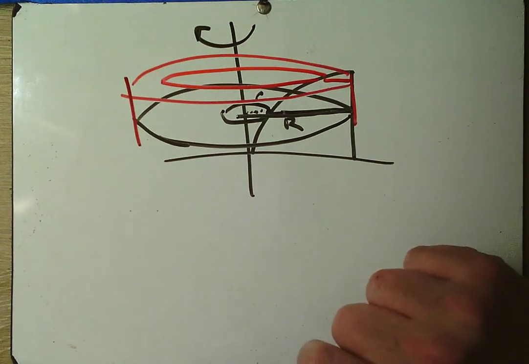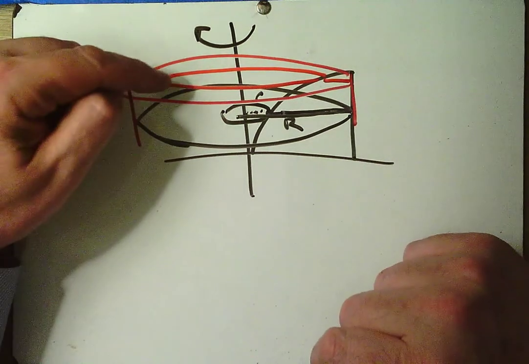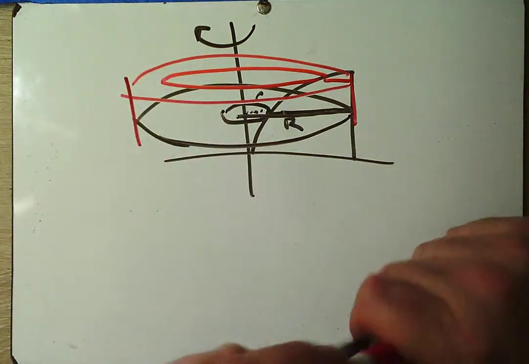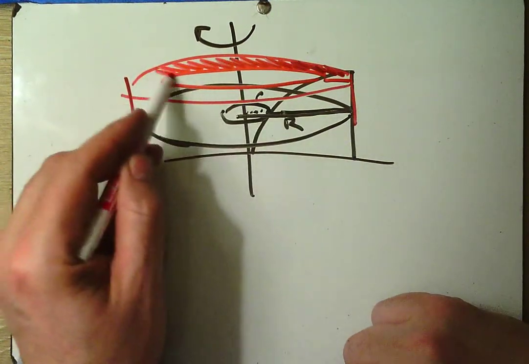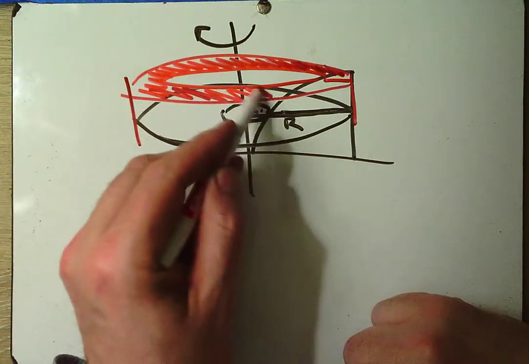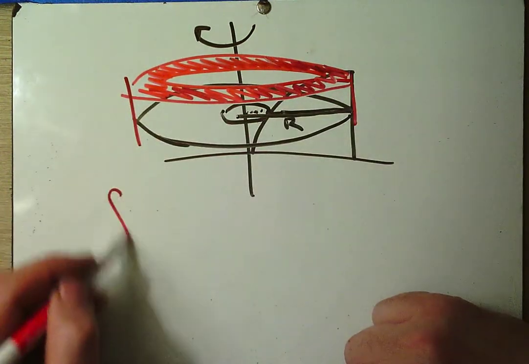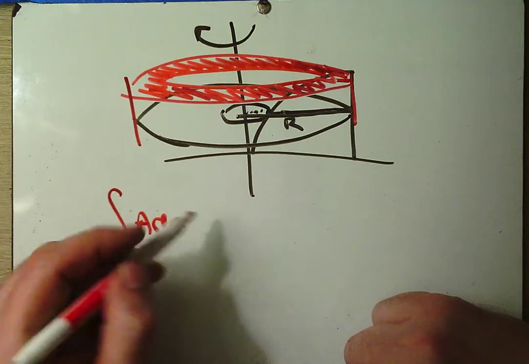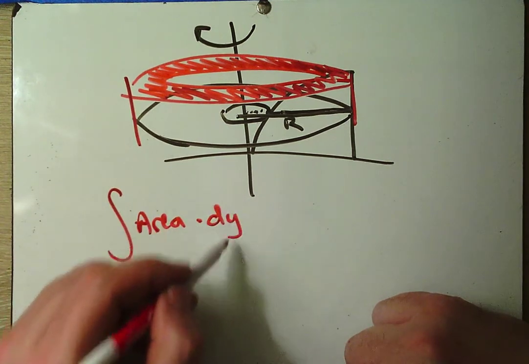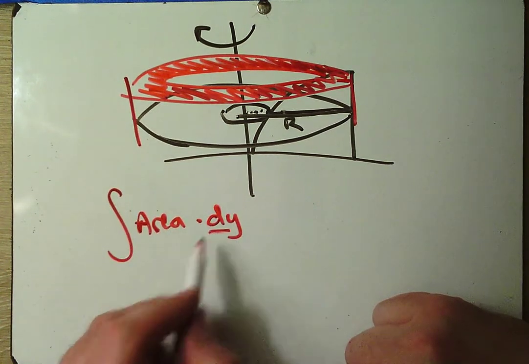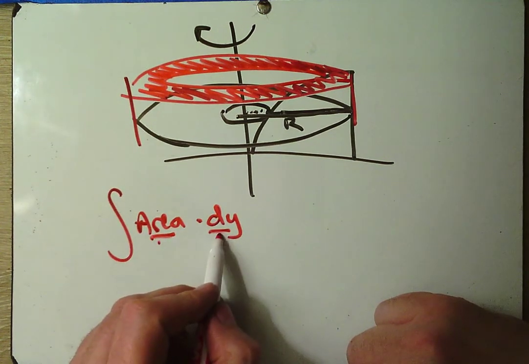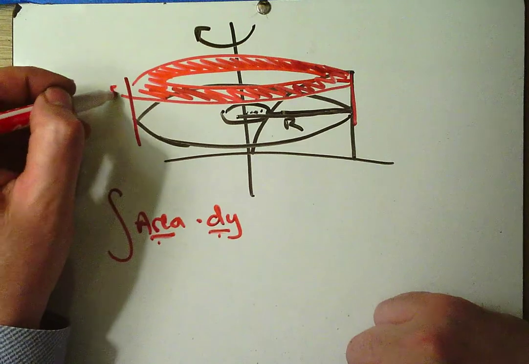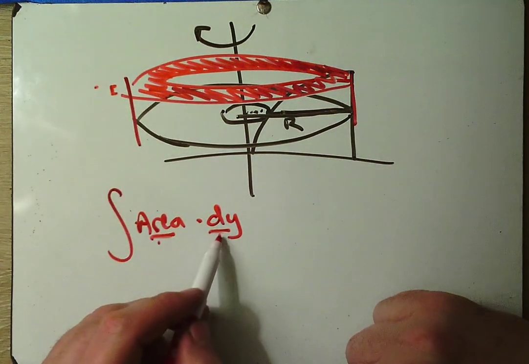Okay? This is a washer shape here that I'm finding the area of. Remember, we're integrating area because when we integrate area times the dy thickness, this is inches squared times the thickness in inches. This dy is providing the height.